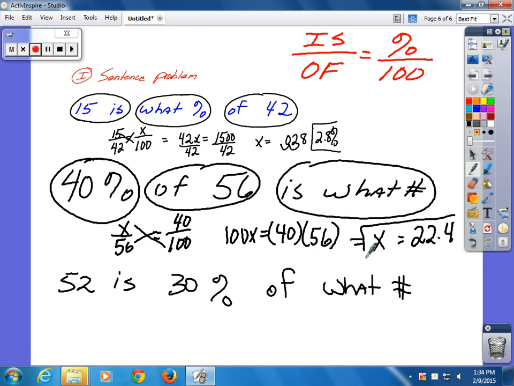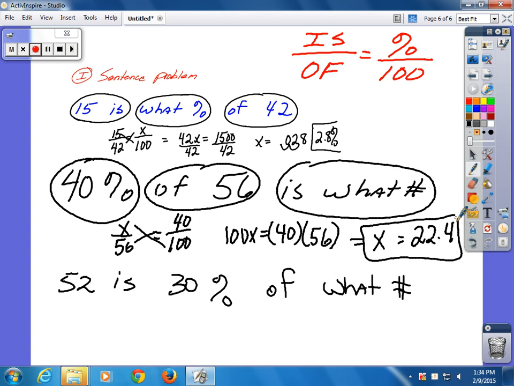So, 40% of 56 is 22.4. Well, let's check that with a little bit of common sense. What's half of 56? 28. So, is that about right? 50% of 56 would be 28. 40% is 22. About right.